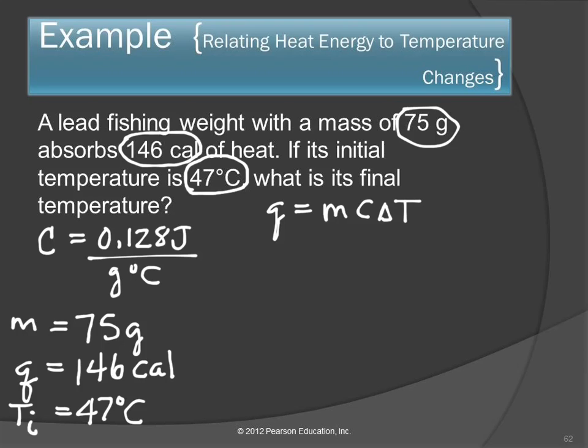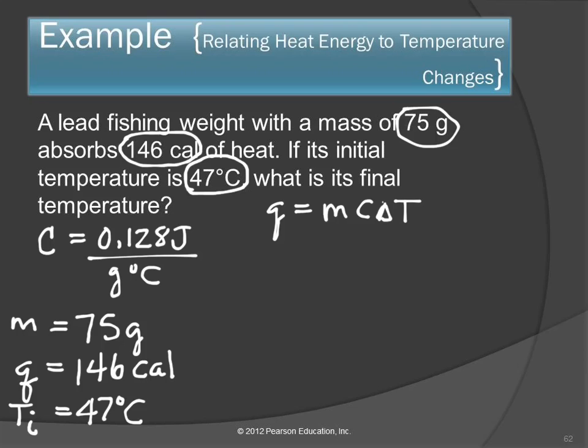Then we could find T final. If you like algebra, you can substitute for delta T, TF minus TI, and rearrange it and go to town. But that's going to get ugly for a lot of people, so we're not going to do that. We're just going to rearrange this equation for delta T.